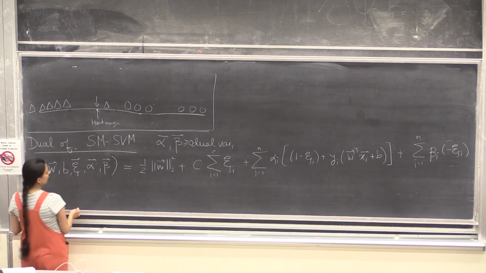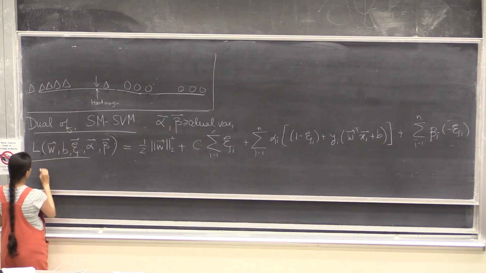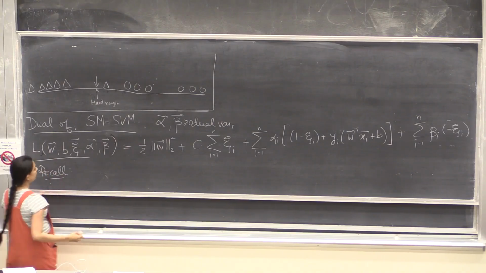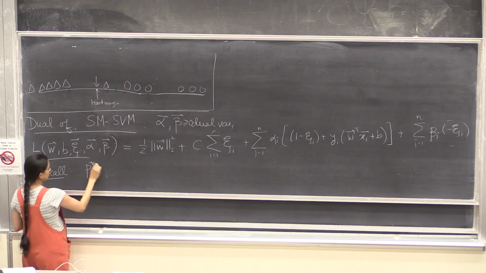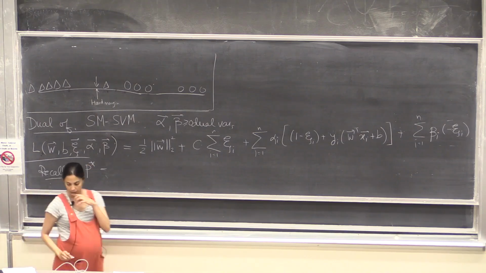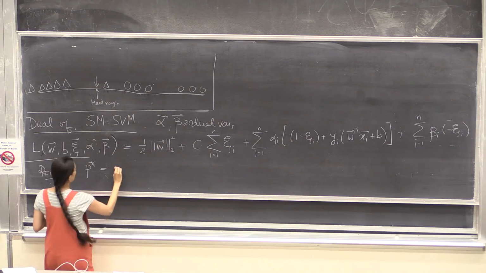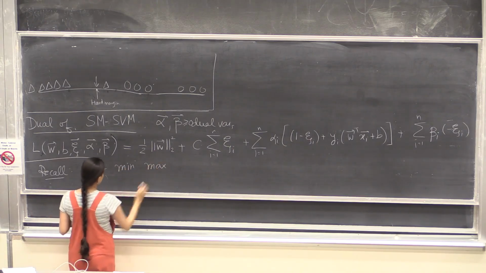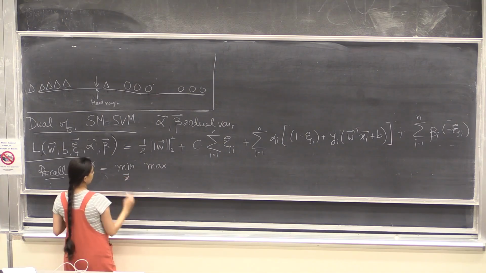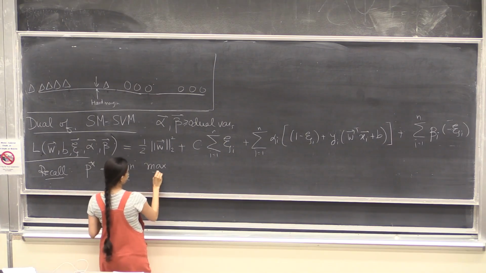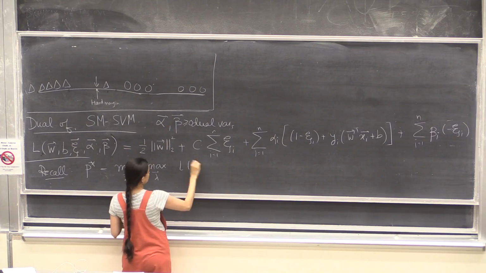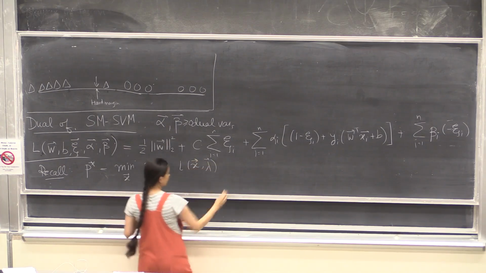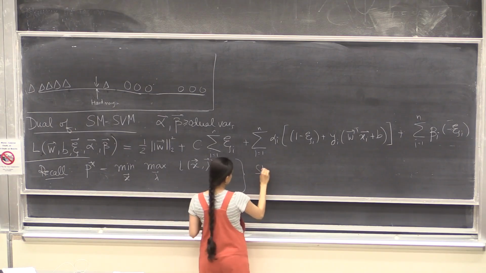Just as a reminder, recall that if I have P star equal to, I can write this as a min over x, max over lambda of L of x comma lambda. And let's say I know strong duality holds.